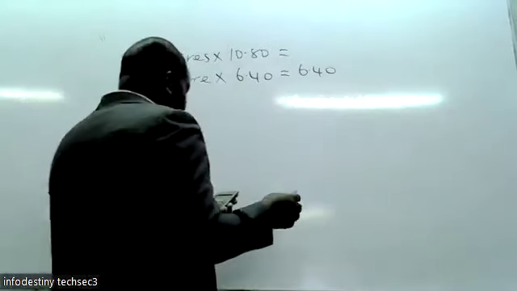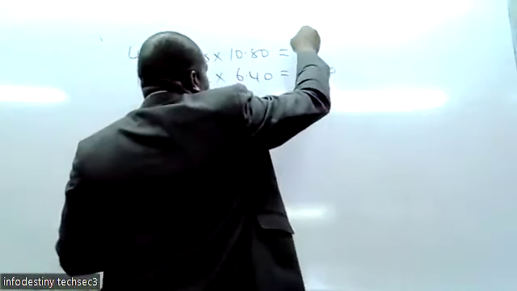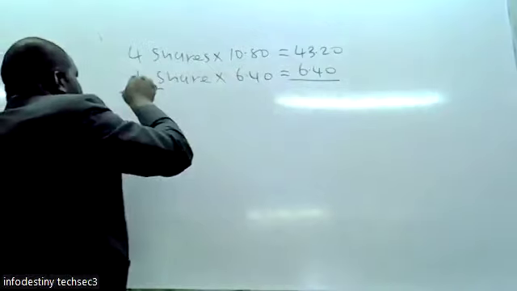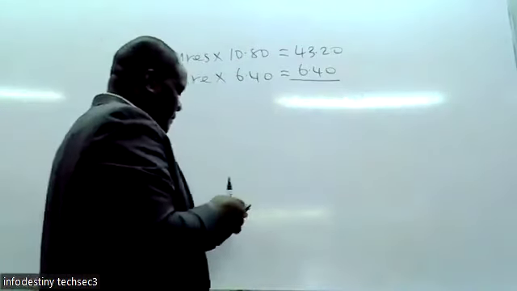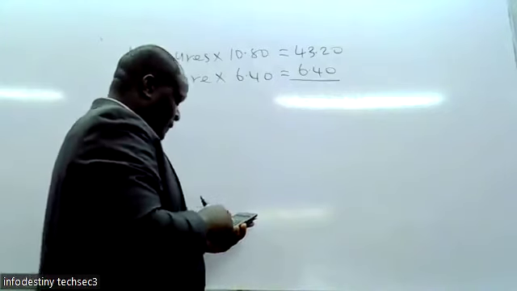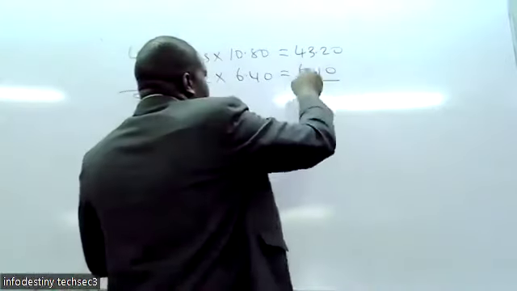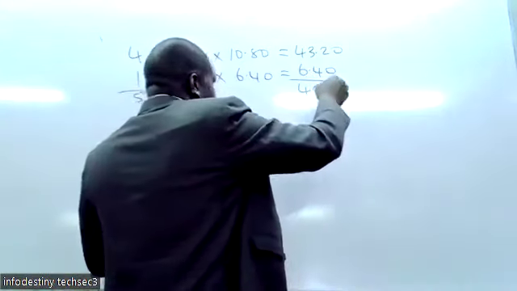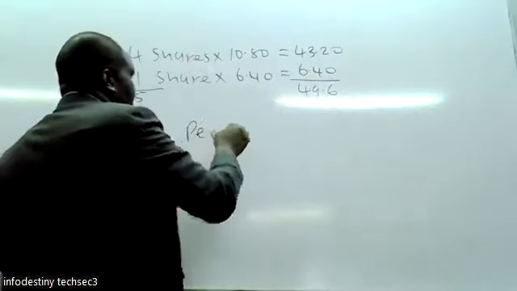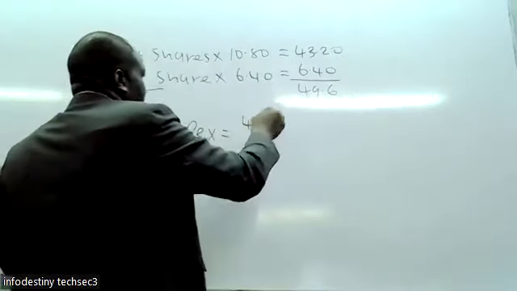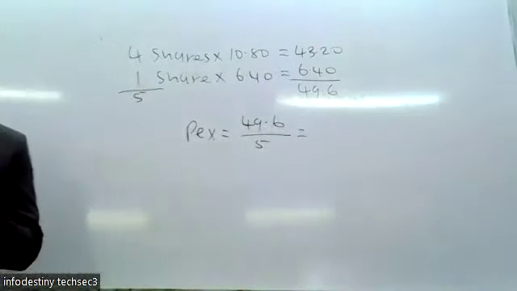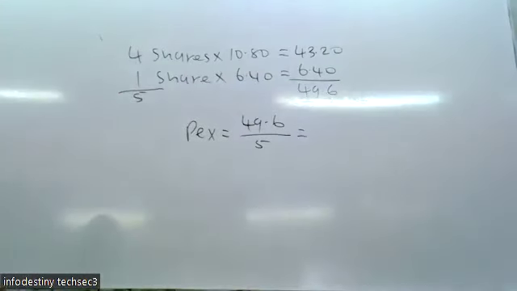This one should be 3.2. So that now should give you the theoretical ex-right price.